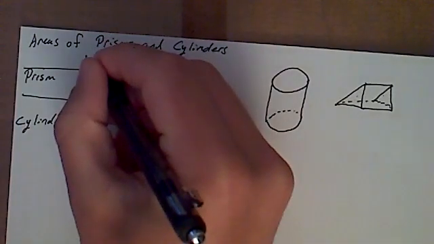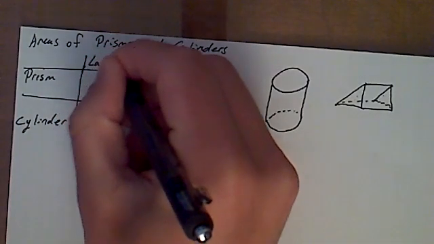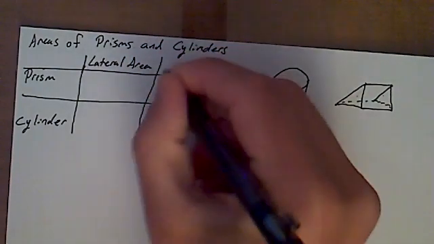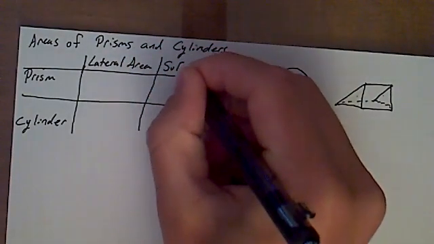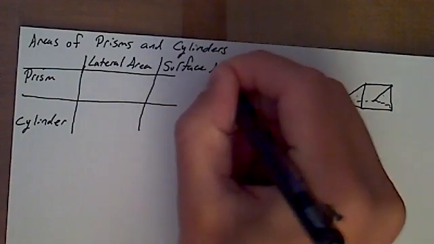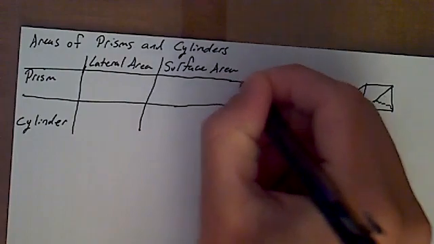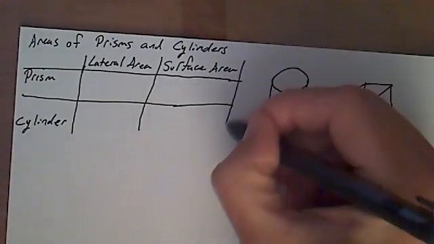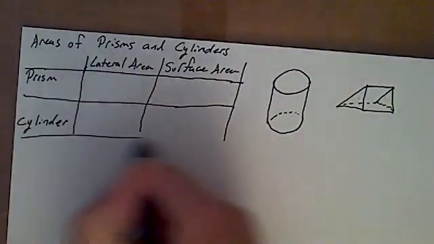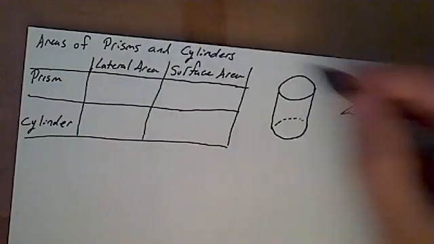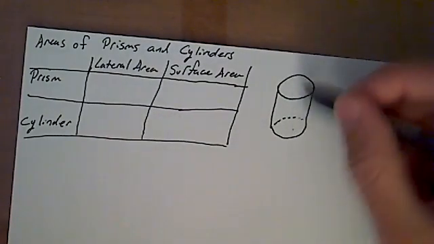So we have lateral area, surface area. And the difference between lateral area and surface area is the lateral area does not include the two bases, so it won't include the two circles on top and bottom.